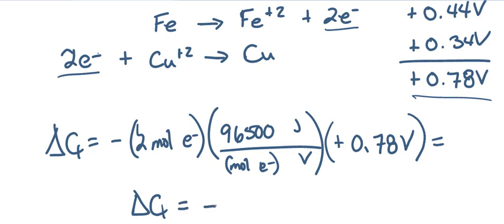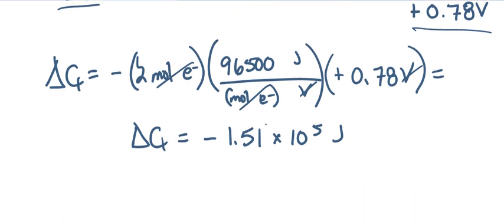So I know I'm going to get a negative value here. And I come up with 1.5 times 10 to the 5th. And what's my units here? Moles of electrons are gone, volts are gone, left with joules. Now, if the question was just asking for the value for delta G, we'd be done.